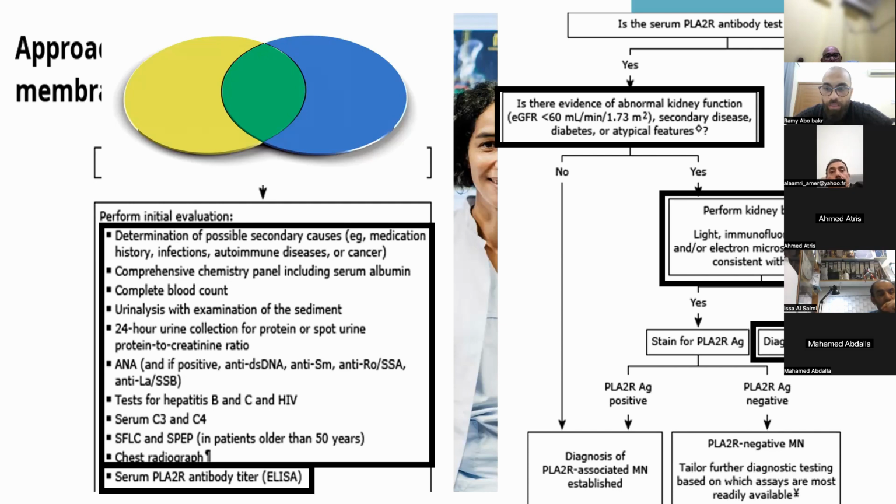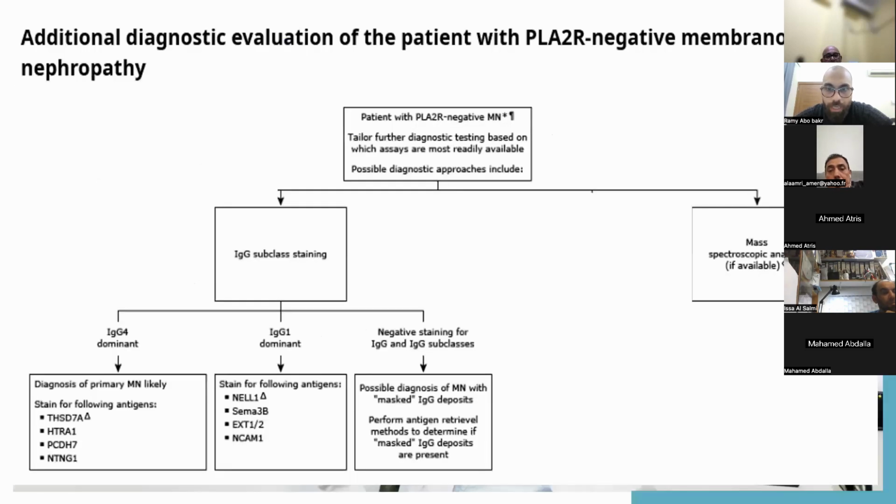But if the pathology shows another finding, now you have to screen for other causes of secondary membranous. And just a small box: we may still have phospholipase A2 receptor antibody negative in both serum and histopathology, and we will go through how to diagnose such cases.